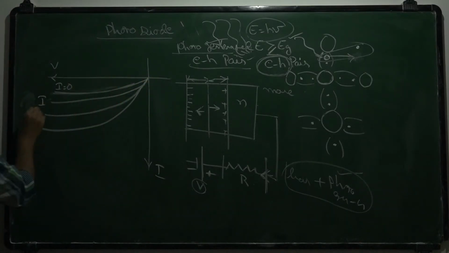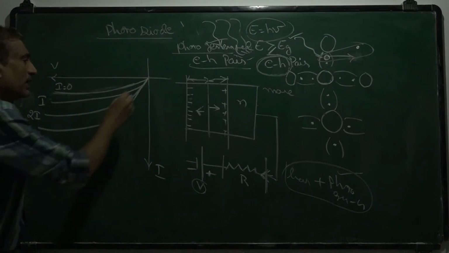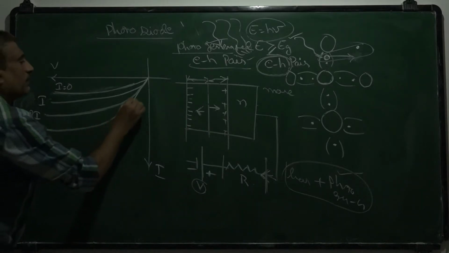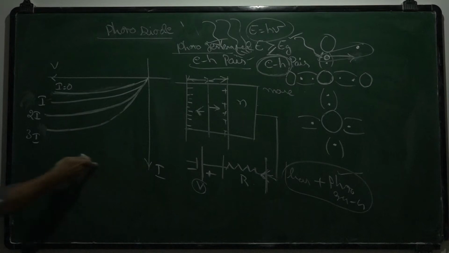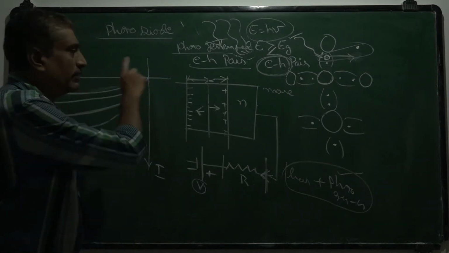When the intensity is 2I, that means more intense light is incident on it, the current increases like this. And if the intensity is increased more, we get a current like this. So this is the characteristic curve of this photodiode. In this way, the photodiode works.